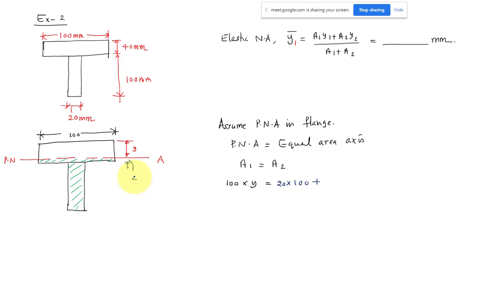The total is 40, so this is 40 minus Y. So this is plus 40 minus Y, multiplied by 100. So somebody can solve it and give me the value.